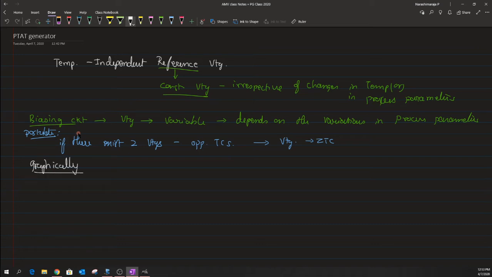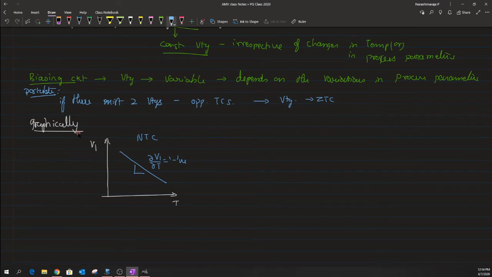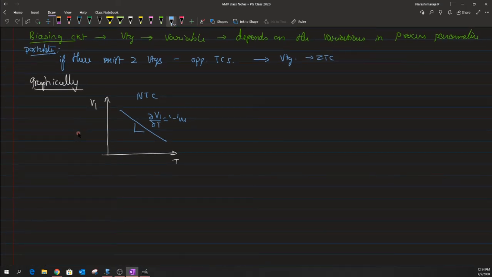Say for example, I have a voltage V1, which is one among the two voltages, and if this voltage exhibits a curve whose first order differentiation with respect to temperature, or just the slope of this particular curve, turns out to be a negative value, then we say that this curve exhibits what is known as negative temperature coefficient, and the circuit that provides us this kind of negative temperature coefficient is called a complementary to absolute temperature circuit.